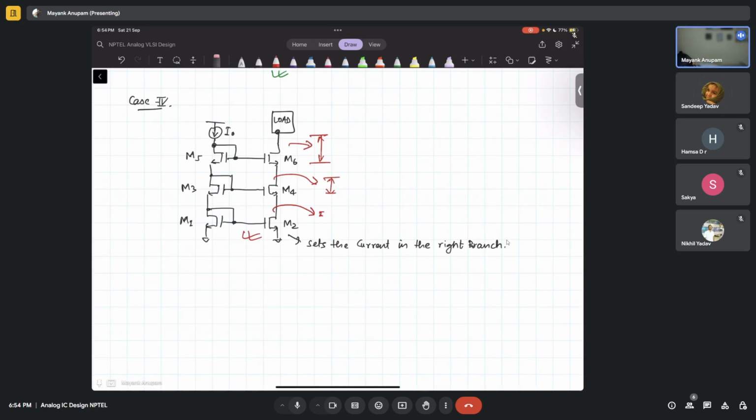What is a VCCS? You have some voltage V here, and you have some current here, which is some G times V, and this is some resistance here.